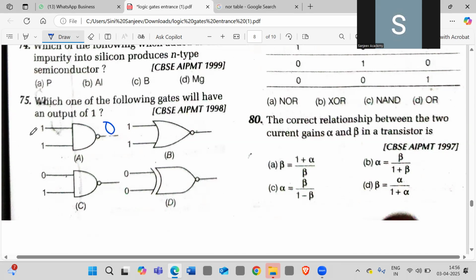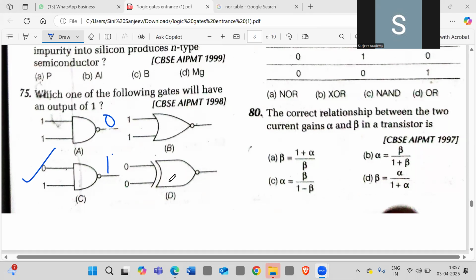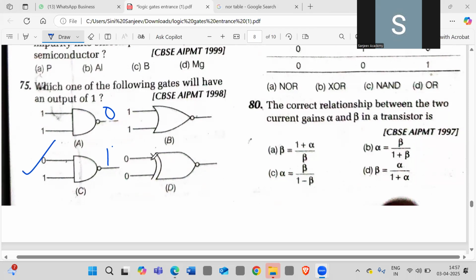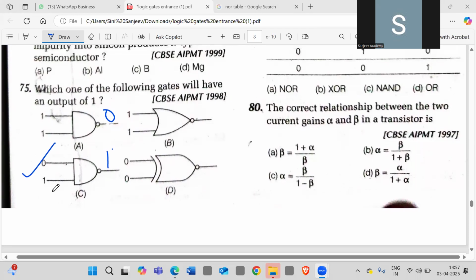Try eliminating. 0 and 1. Option C, what about it? 0 and 1, the complement is 0 into 1, 0. Complement of that is 1. So now only I got option C as the answer. I'm not even trying to do the other things. Option D is exclusive. A bar B. Okay, this is something, this is XNOR gate. That's a different thing altogether. Option C is only giving me.